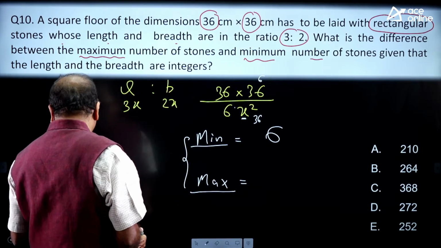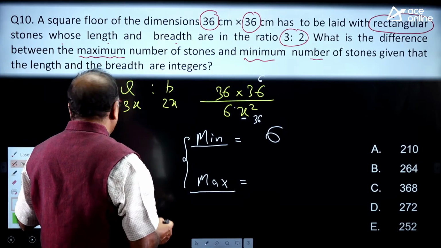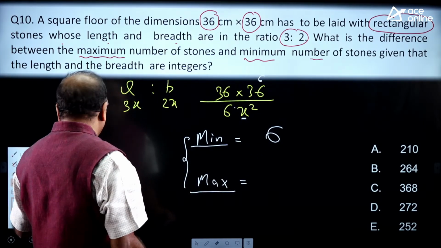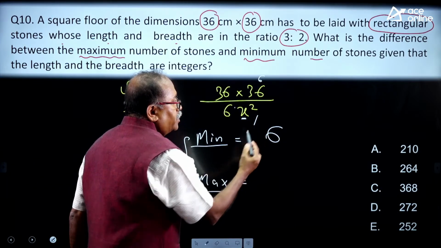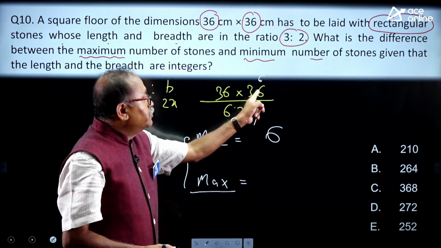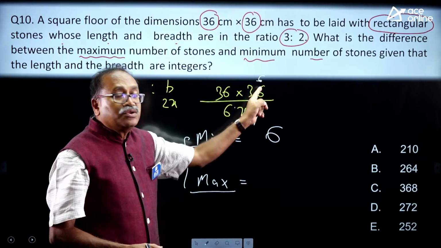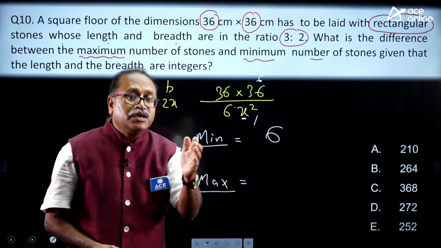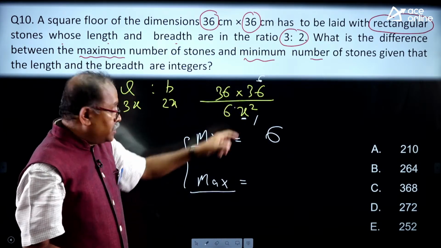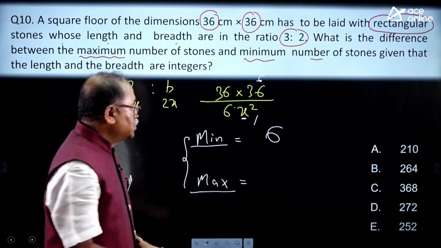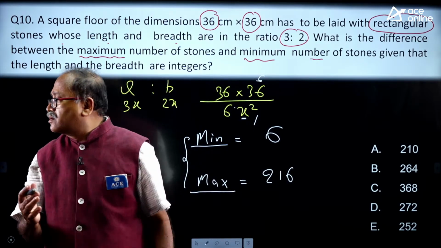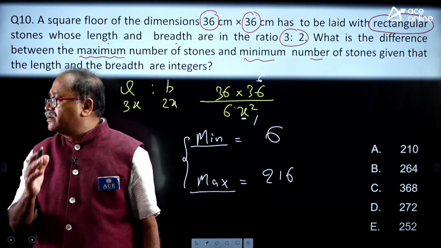In that case, I will make this value 1. 1 square is 1. So when it is 1, you are dividing this one 6 times. 36 into 6 comes 216. So the maximum number of stones can be 216.